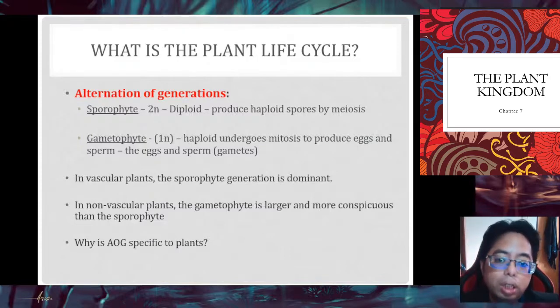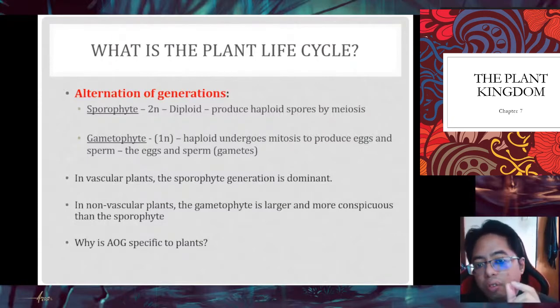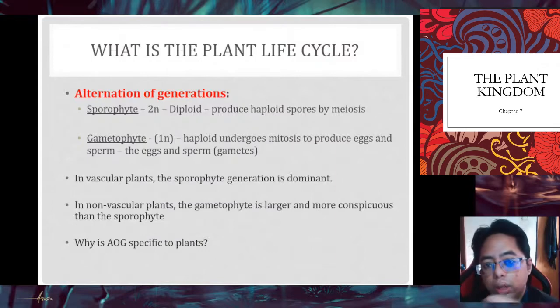For plants, most of the time they are diploid, or sporophyte, but these sporophytes will do meiosis, and then they will create a cell which has just half of their chromosomes, which is called the haploid number, in the form of the gametophyte.